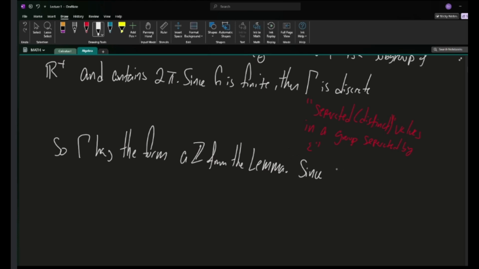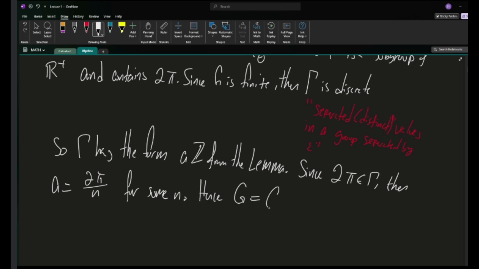Since 2 pi is in gamma, recall that since gamma is finite, or since G is finite, we have, in fact, A is equal to 2 pi over n, where n is the order of the group itself. Hence, G is equal to Cn.